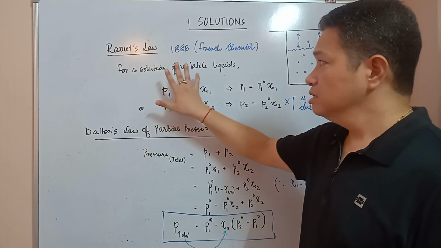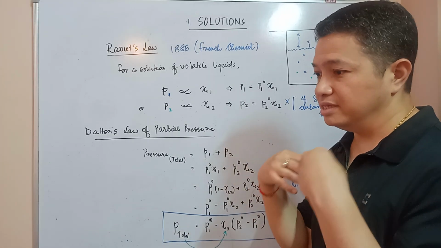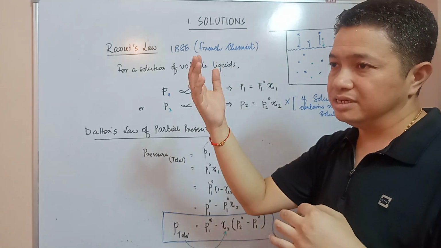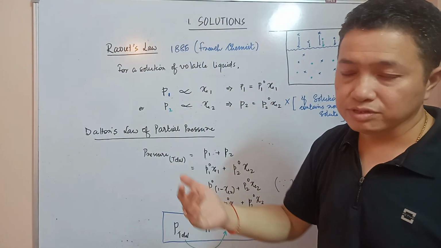For a solution of two volatile liquids, the liquids are volatile. That means the molecules in the liquid state change to the vapor state, and then from the vapor state they change back to the liquid state.